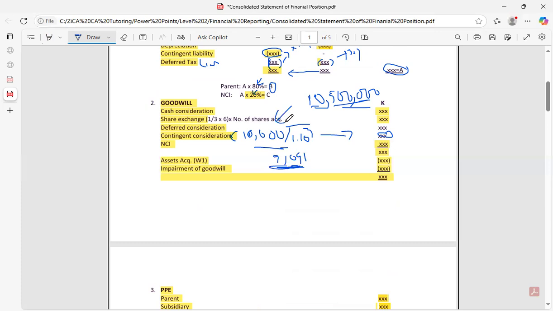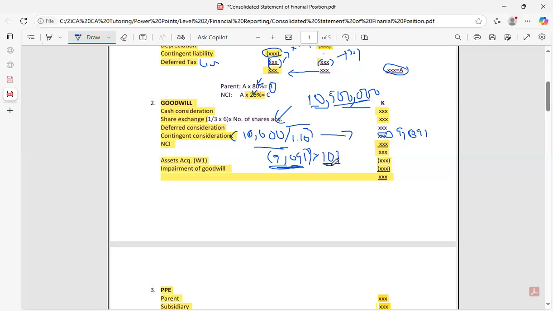Yes, again. So we are supposed to pay 10,000 next year, but this year we need to record 9091, right? So we've discounted. So this 9091 is what we include here on the goodwill computation, like that. And then you need to multiply this by 10%.